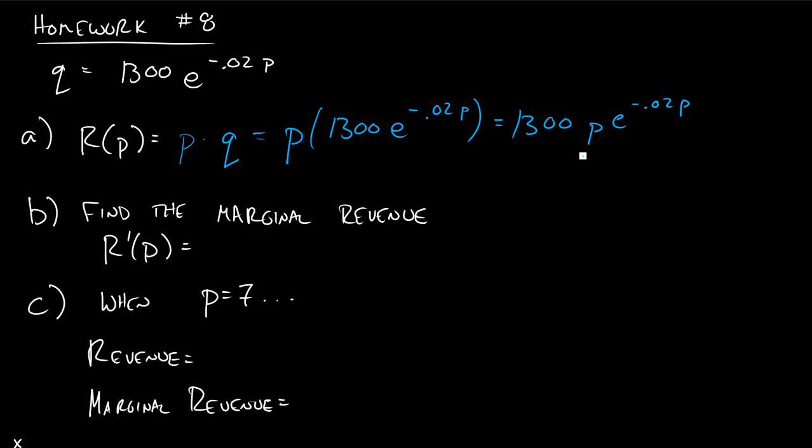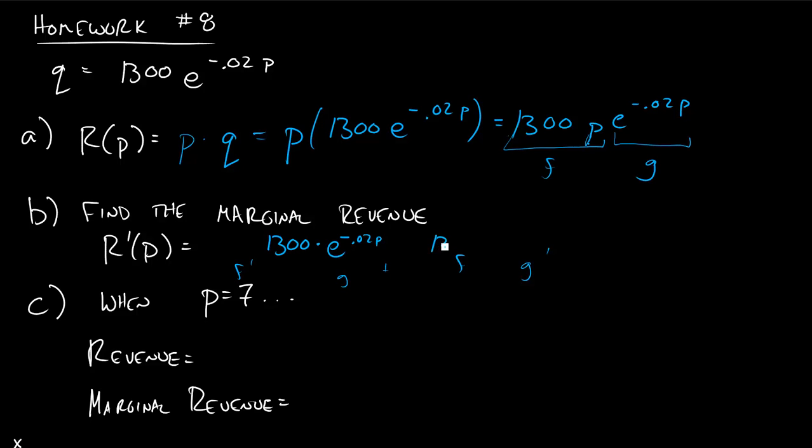So long story short, we take the derivative here, and this derivative is going to be a product rule, right? So we'll have f here, we'll have a g here, and so if we take our derivative, we want f prime g plus f g prime. So f prime is just going to be 1300, because we're taking the derivative of 1300p, and g is just left alone for that one, e to the negative 0.02p.